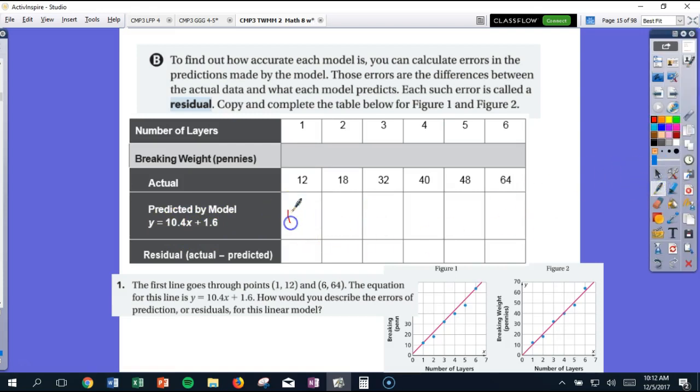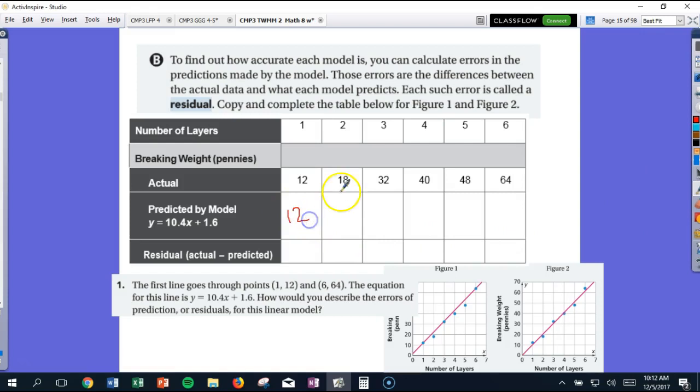So I would write 12 right here on my table. Second one, we would take the number 2 and put it in for x. So 10.4 times 2 is going to be 20.8, plus our 1.6 is going to be 22.4, okay?